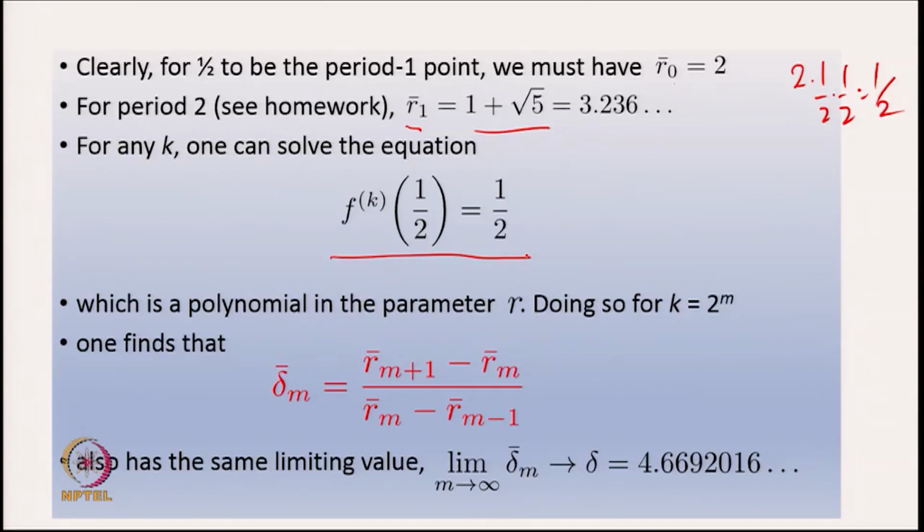And when you do this for all the powers of 2, you determine that these windows are given by r m plus 1 minus r m divided by r m minus 1. Again, this is the inverse over here.